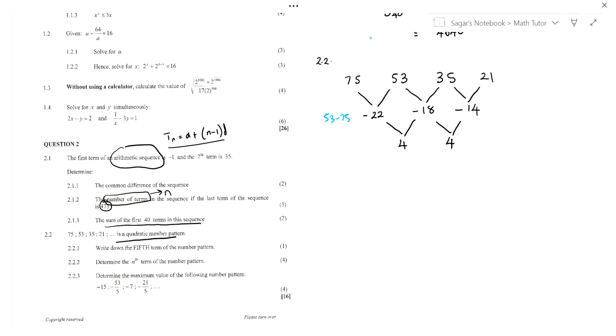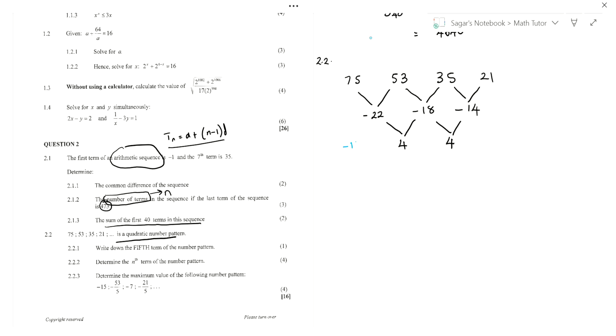Right. Notice we're taking 53 minus 75, and that will equal to minus 22. Here we're taking 35 minus 53, and that will equal to minus 18. Right? That's how we're ending up with the negative values. Notice your sign is very important. In the second difference, it's minus 18 minus minus 22.